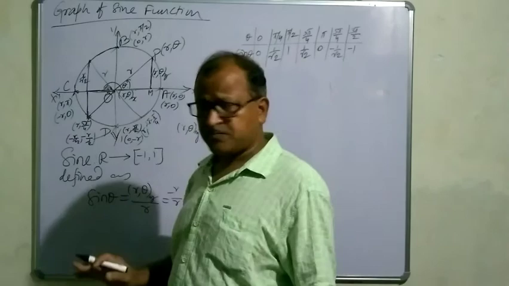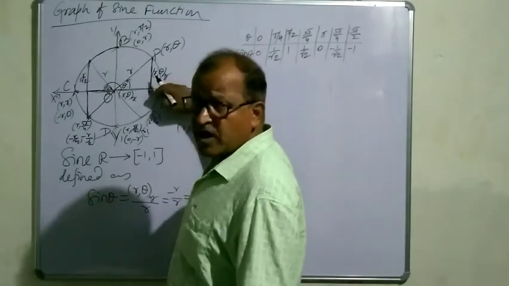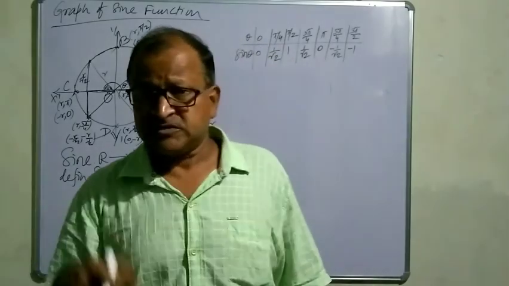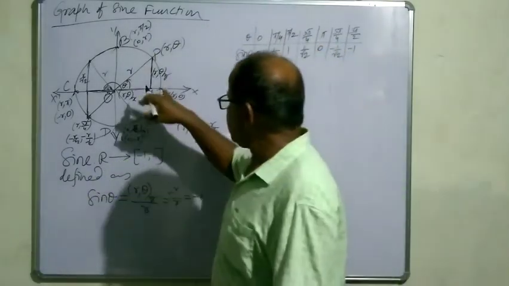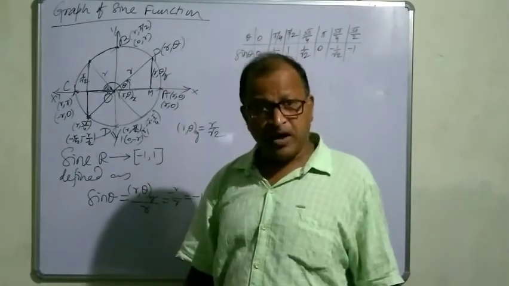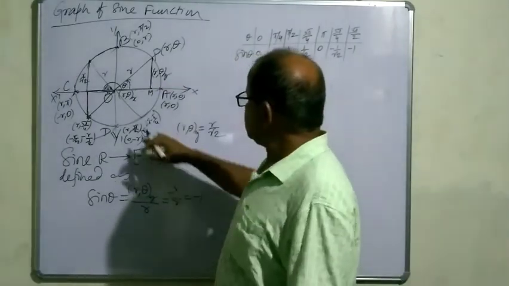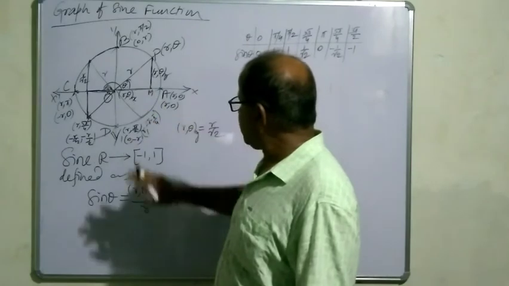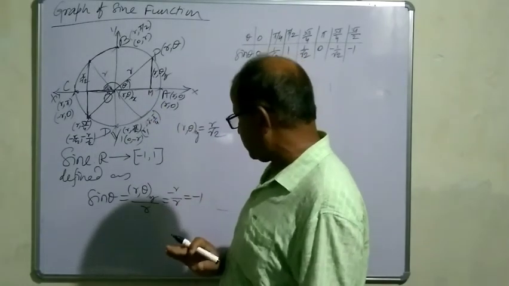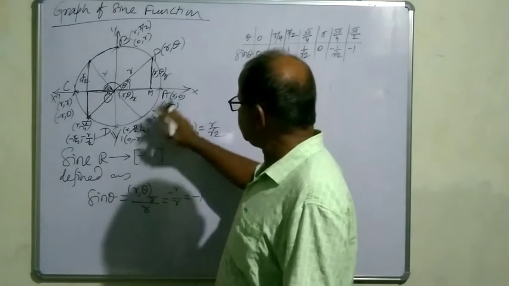The result is the same. Here it is 2 pi. If we complete one circle, the point will be again here, and the rotation is 2 pi. So I have taken 2 pi minus pi by 4.